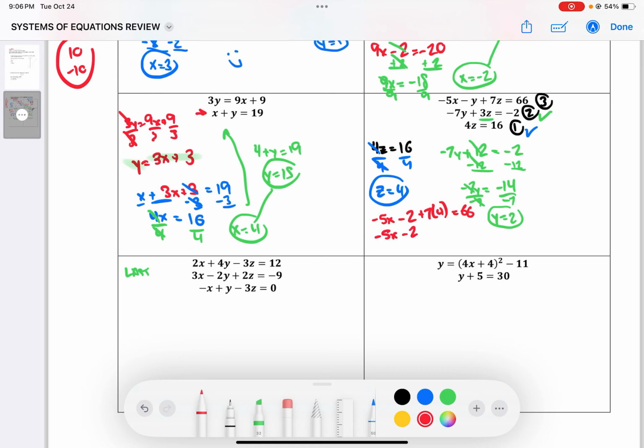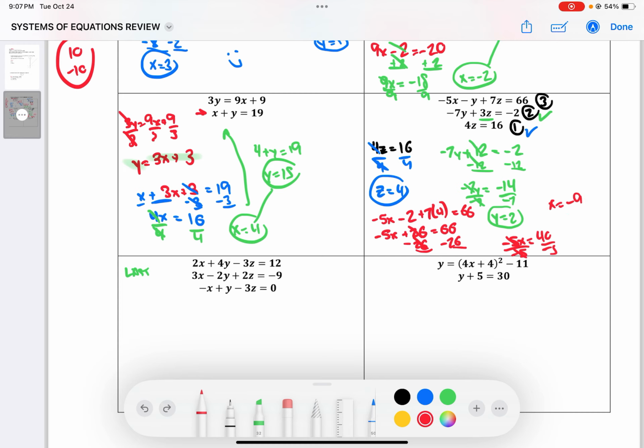So negative 5x plus 26 equals 66. We got to take away 26 on both sides, and negative 5x. 66 minus 26 is 40. And then I divide everything by negative 5. And 40 divided by negative 5 is negative 9.